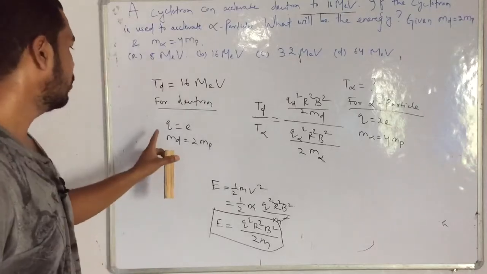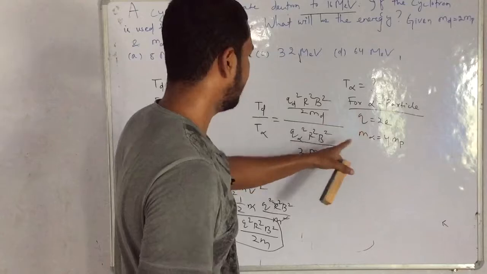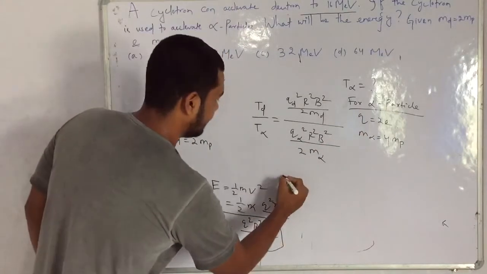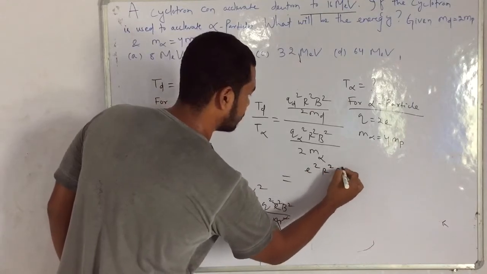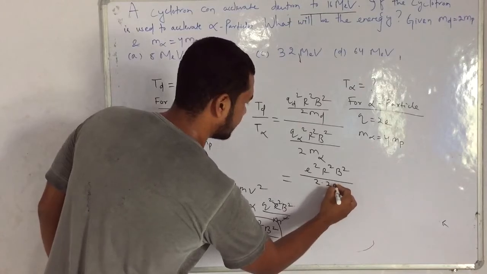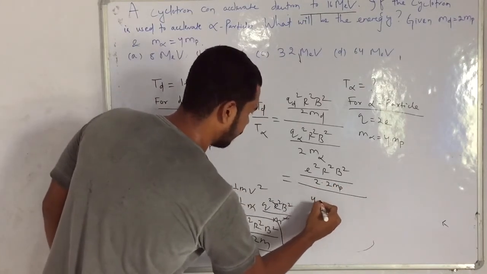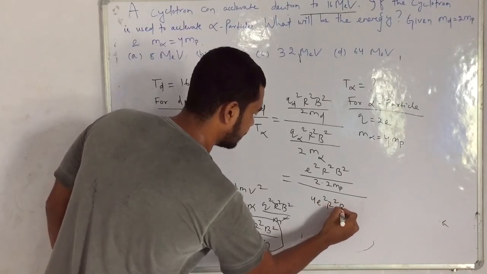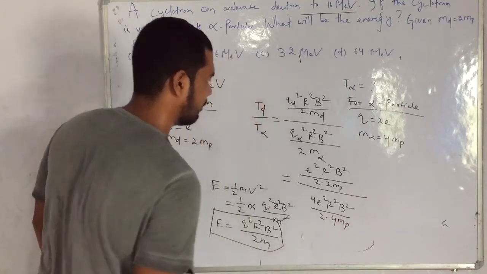Replacing the values of q_D, m_D, q alpha, m alpha, we get e square R square B square upon 2 into twice the mass of proton, over 4 e square R square B square upon twice 4 times the mass of proton.